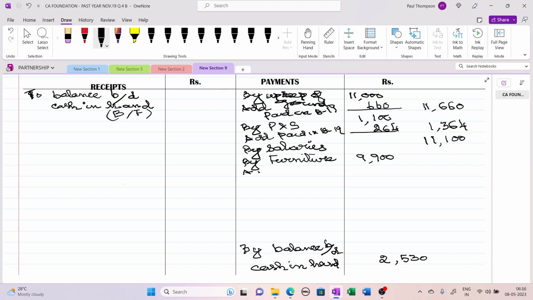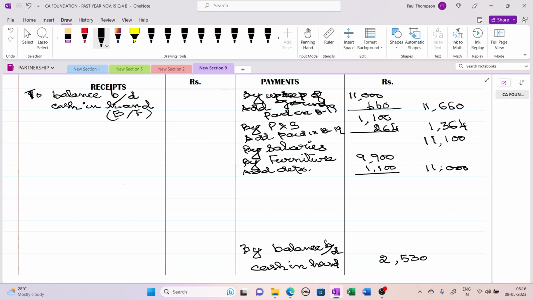So we have to add that depreciation, because they have given this was purchased during the current year. So 1100 we have to add and show it as 11,000 on the outer column.